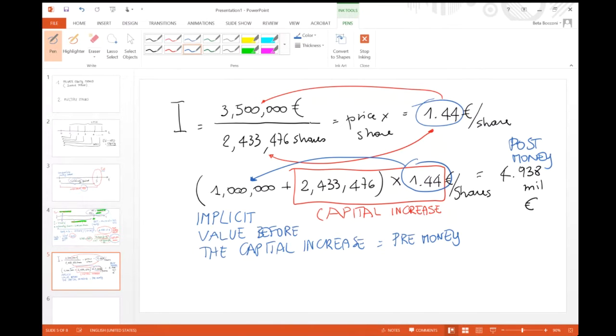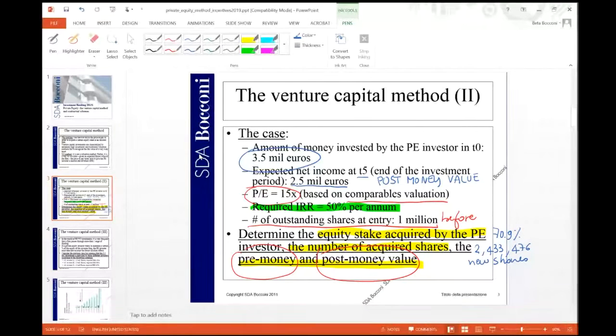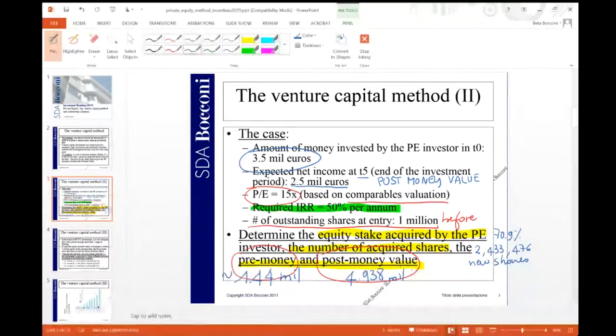So in a sense, closing our first example, we can comfortably say that we have answered all the questions of our slide. We said that buying 70.9% equity stake, we are buying 2.4 million shares, giving an implicit value to the company before the capital increase is launched of about 1.44 million, and a post-money value of the company today that corresponds to about 4.938 million euros.